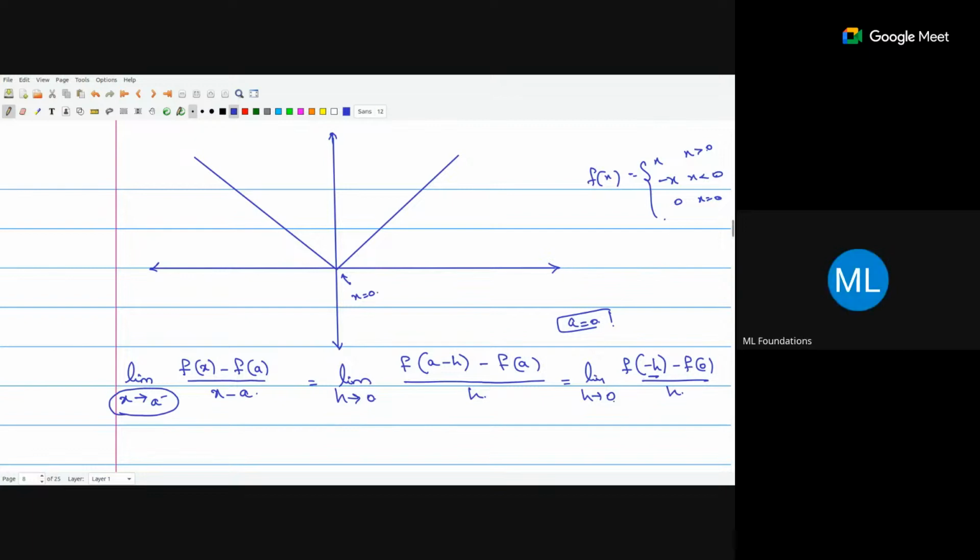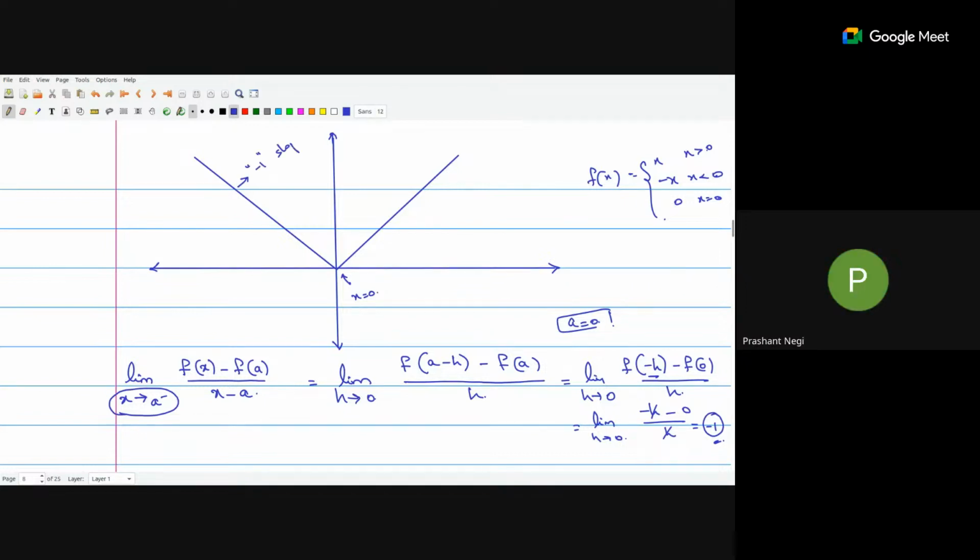Agreed? So now this will be limit h tends to 0, minus h minus f of 0, which is 0, divided by h. If I simplify it, this will become minus 1. And if you observe cleanly, this minus 1 is the slope of this line.